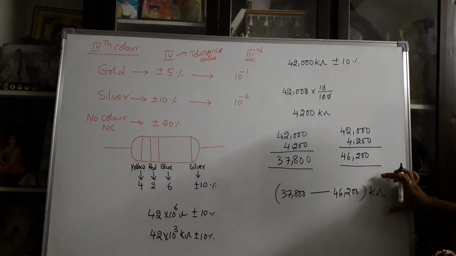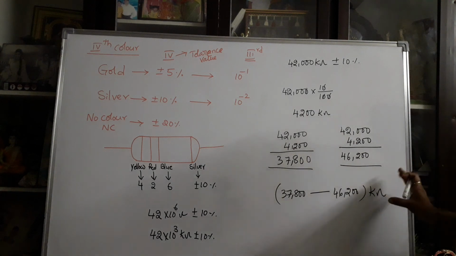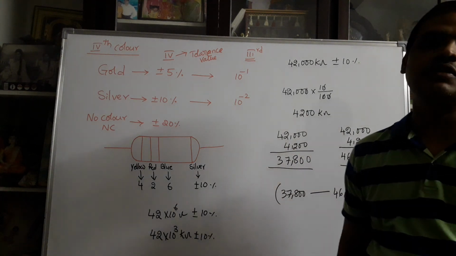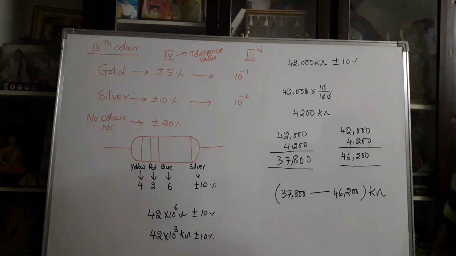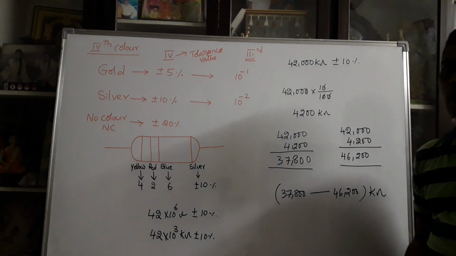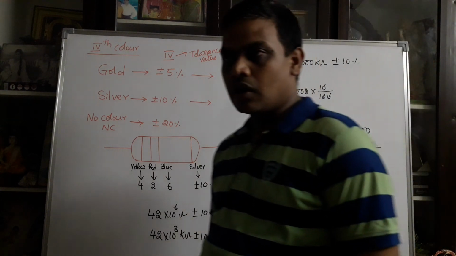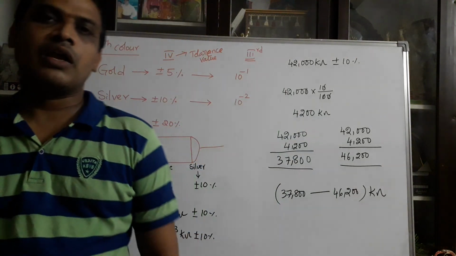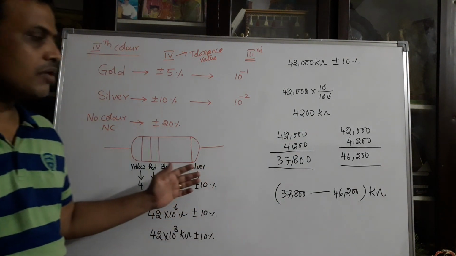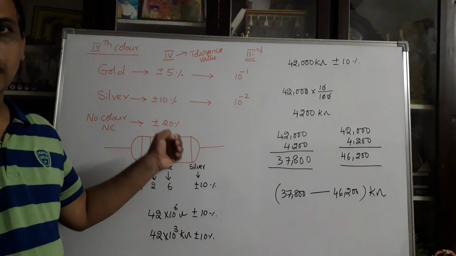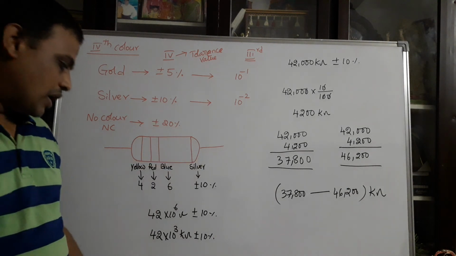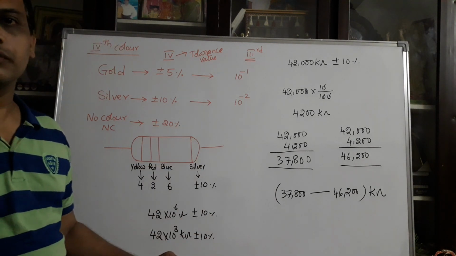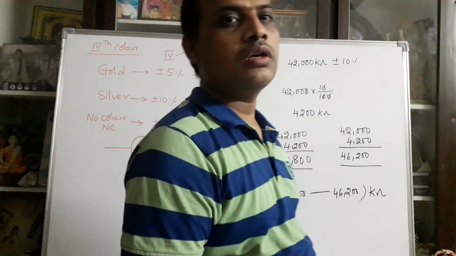This is the range value. Otherwise, this value is not there. Out of these two, either value may be given. This is the calculation, or the easy way of representing the color code. Based on the color code, you can give the resistance value of the resistor, which is very, very important, and very, very easy with this shortcut method.